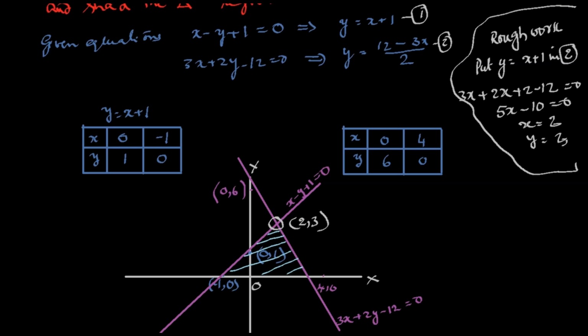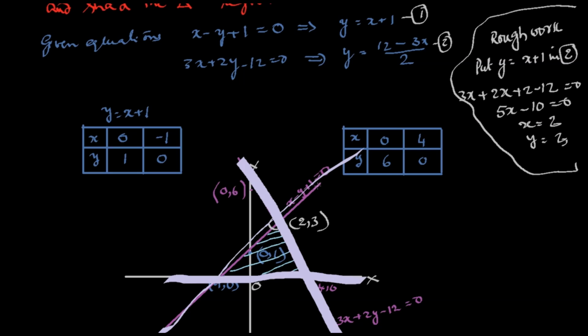He wants us to plot these lines. This is one line, this is one line, and the x-axis is another line. And he wants us to shade this portion. That's it.